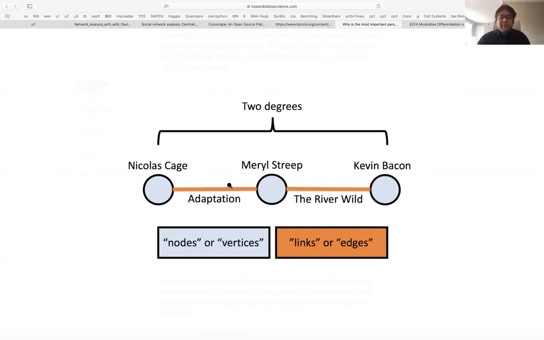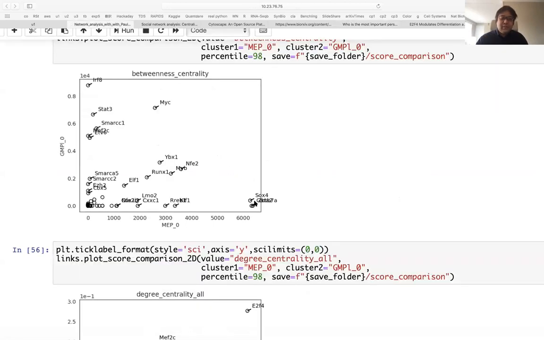The number of these obstructions is the betweenness centrality. I mean, the betweenness centrality represents that this gene is really important because this gene connects many genes or many nodes.